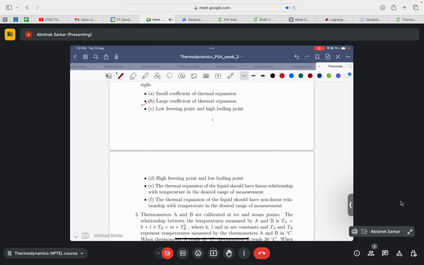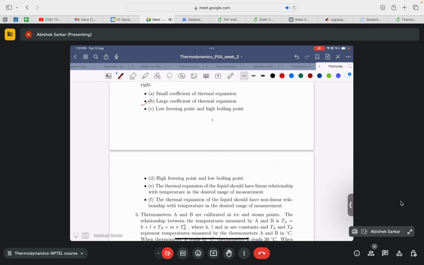If the coefficient is higher, then for a slight change in temperature the expansion of the liquid will be comparatively larger, so that we can clearly read distinct temperature changes because of the change in the length of the liquid column. Basically the precision of the thermometer will improve if the coefficient of thermal expansion is large.